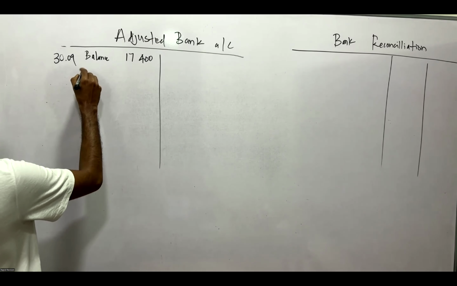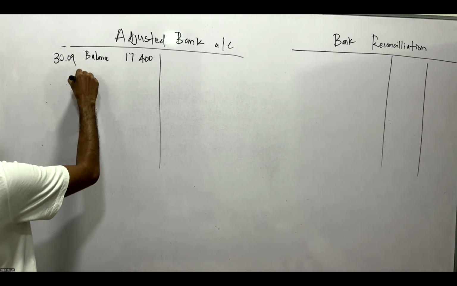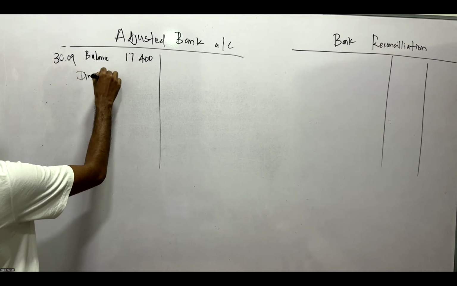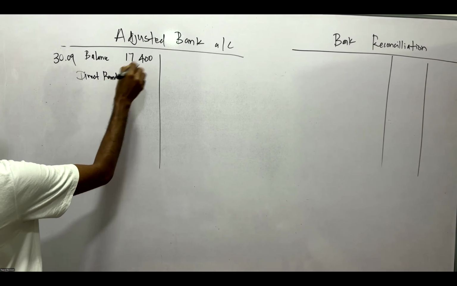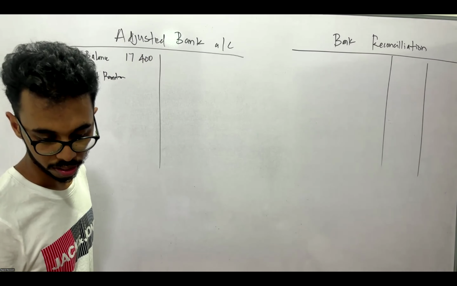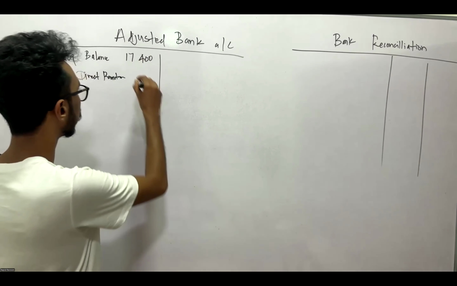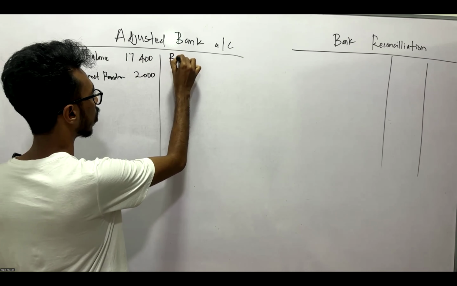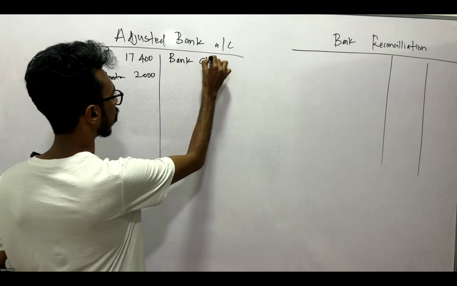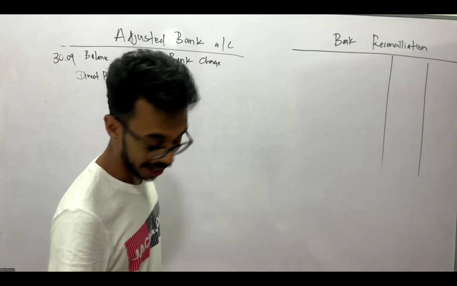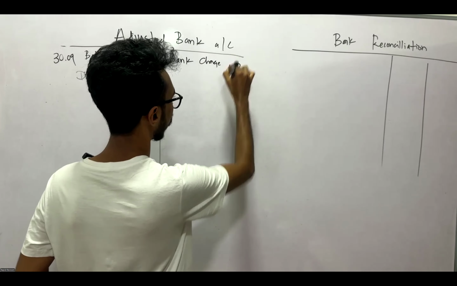Direct remittances, I have recorded the dates as well. Direct remittance will be debited as rupees 2,000. There is a bank charge for rupees 100, not much.